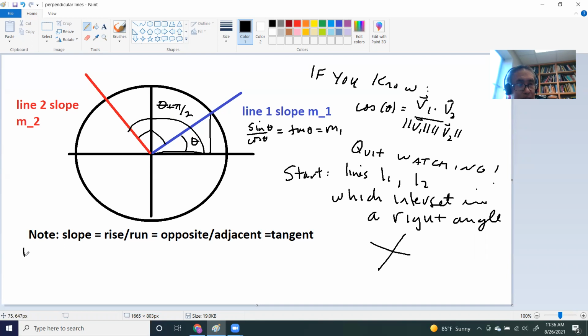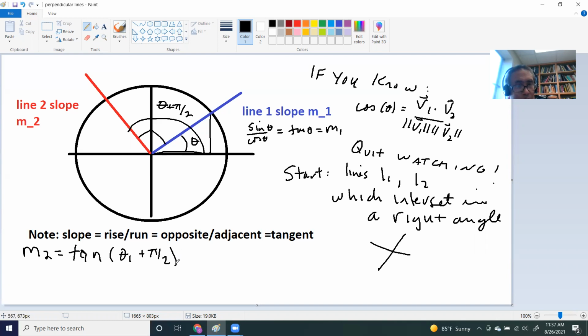So we know the second slope is rise over run as well, so it is going to be tangent of theta plus pi over 2.